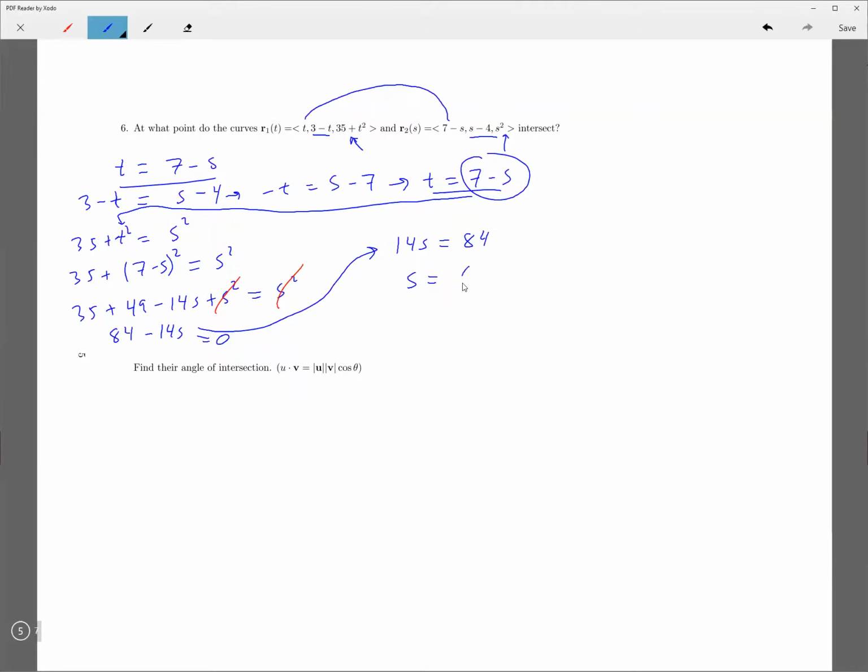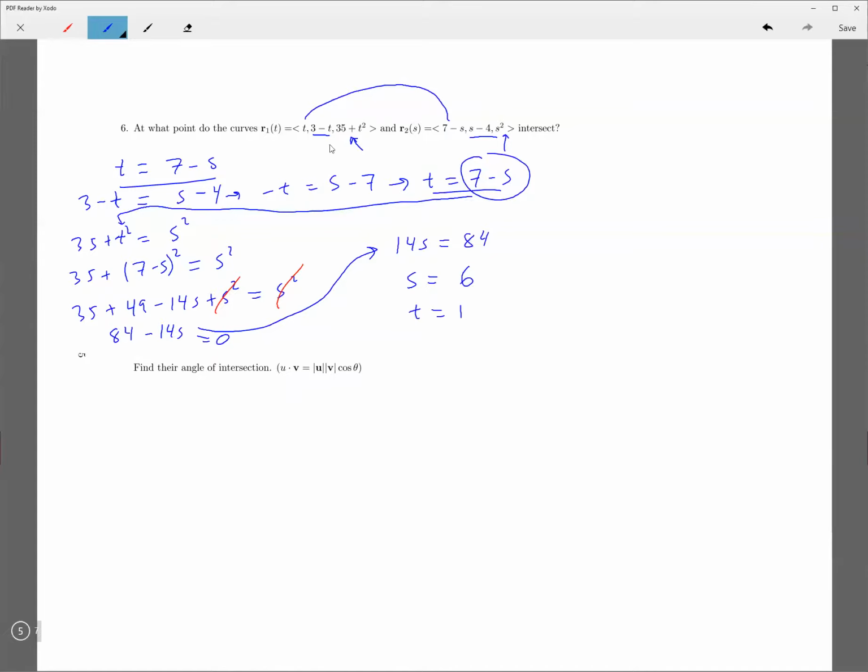What do you get? 6? Okay, so s equals 6 works, and that means that t is 1, because t is 7 minus s, so 7 minus 6 is 1.